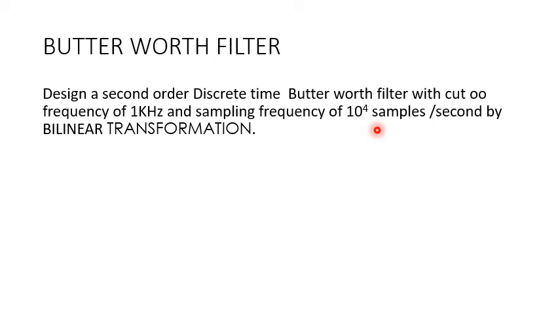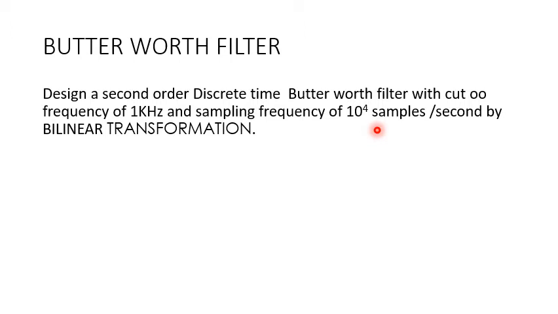So the complete specification is given with respect to analog frequency, and they are asking us to design a digital filter. To convert from analog to digital, the mapping technique to be used is the bilinear transformation.